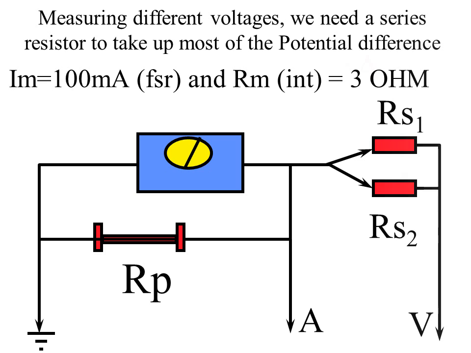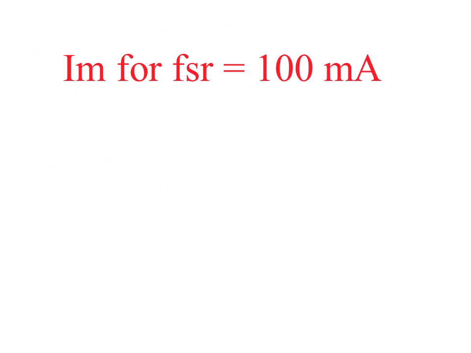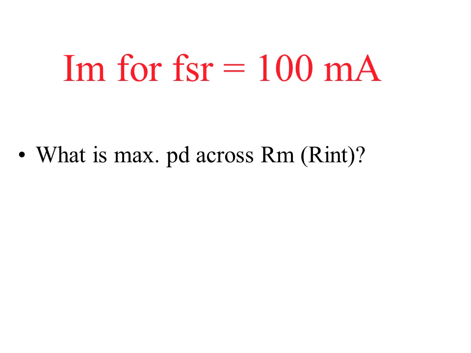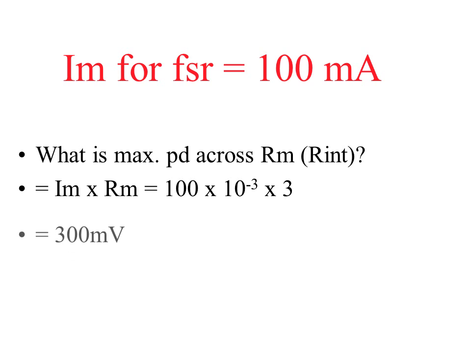As we have said, Im for FSR equals 100 milliamperes. Now we can determine what the maximum potential difference across Rm or R internal will be. Of course, according to Ohm's law, Im times Rm equals 100 times 10 to the power minus 3 times 3, which is R internal, will then give us a potential difference of 300 millivolts.